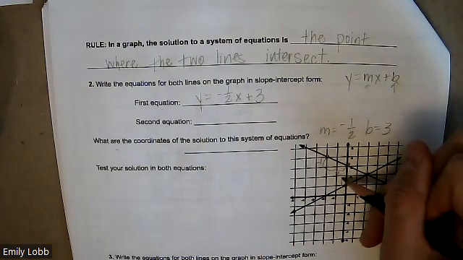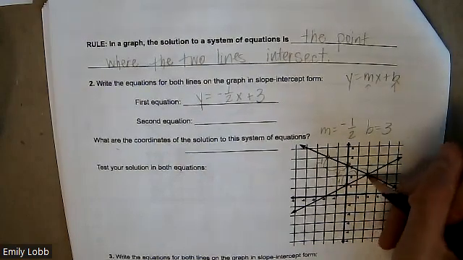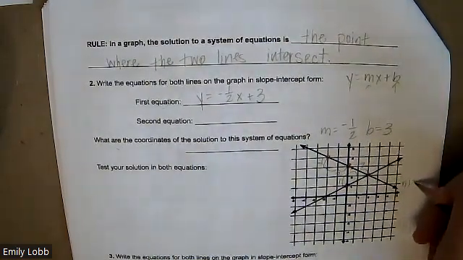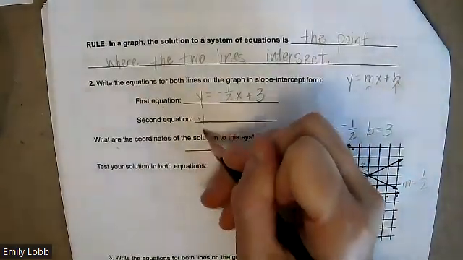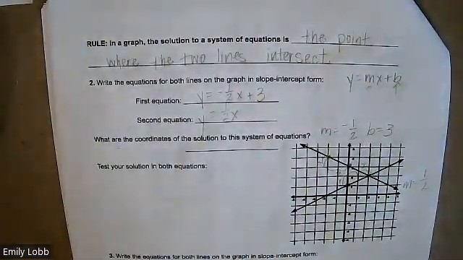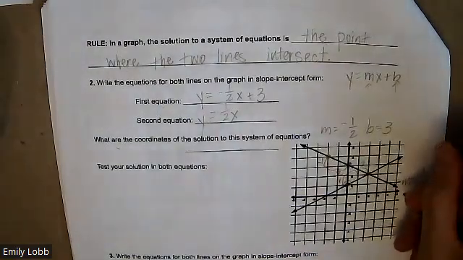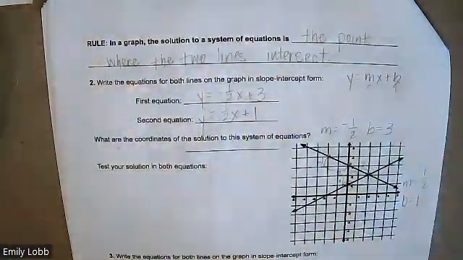So we're going up 1, over 2. So this slope is equal to 1/2. So far we have y equals 1/2 x. And where here is our y-intercept? 1. b equals 1. So we're going to say plus 1.